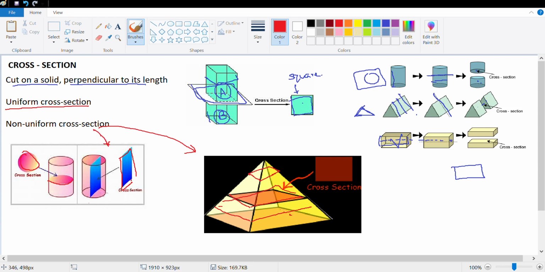Similarly, this is a non-uniform cross section because if I cut it at this edge, the face of the rectangle will change. So these are uniform cross sections where the face remains the same, and this is a non-uniform cross section. In this chapter, we will deal with uniform cross sections. That's basically what we'll work with in this exercise.